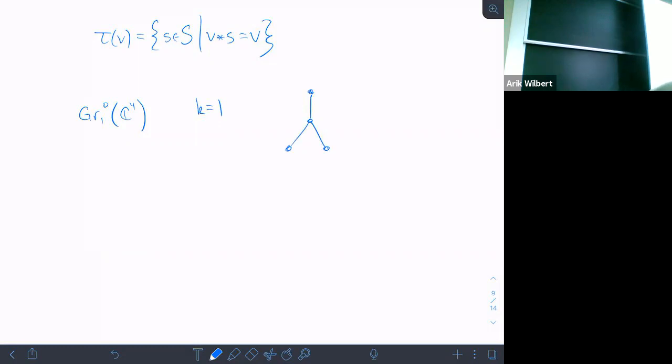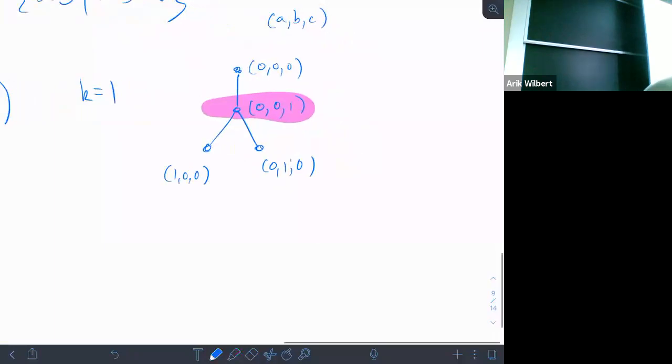Remember these are parameterized by A, B, and C with some conditions. This would be the open one, this would be the closed one, this would be another closed one. And then here's the mysterious one. Using local coordinates, you can say that this one's actually smooth. It's not a closed or open orbit, but it is still smooth.